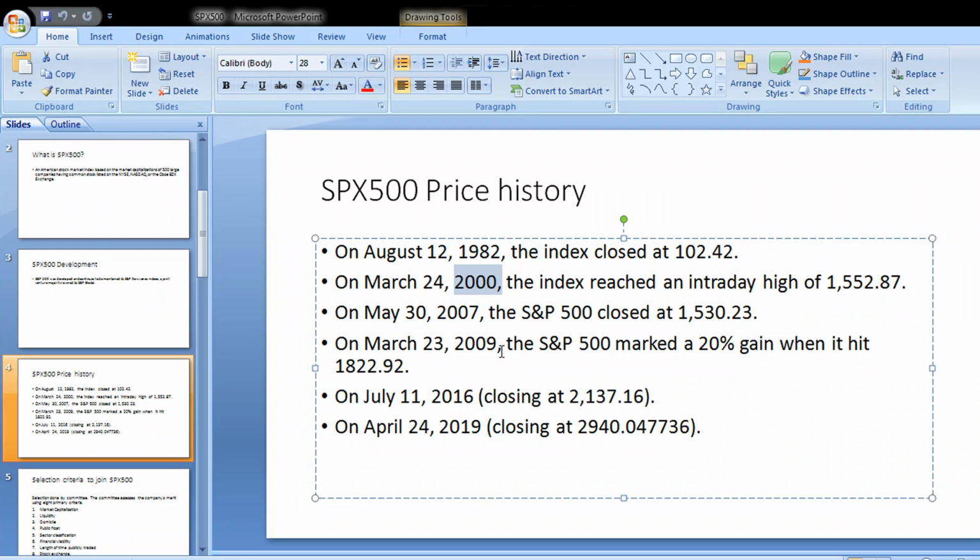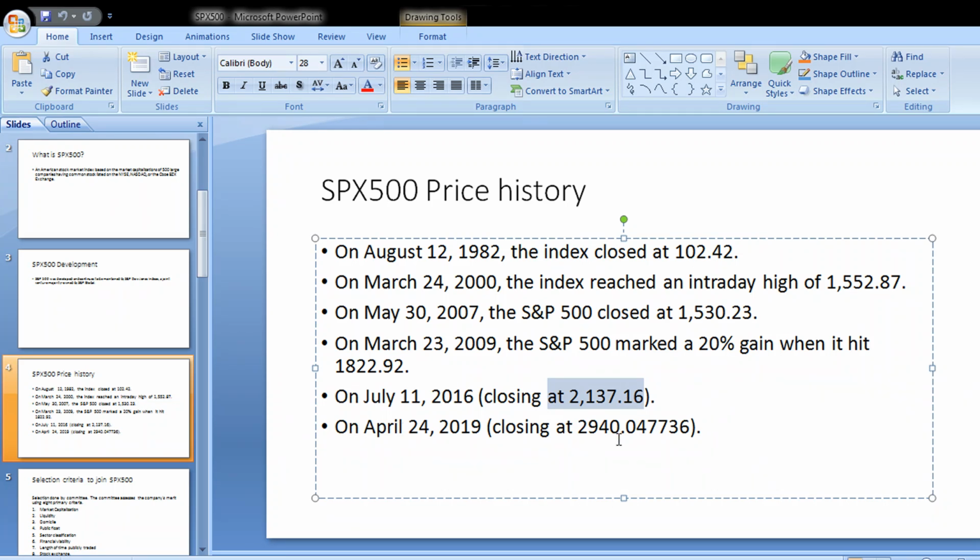Then in March 2009, it gained around 20%, which made the reading around 1,822.2. And then in July 2016, it closed slightly above 2,000.